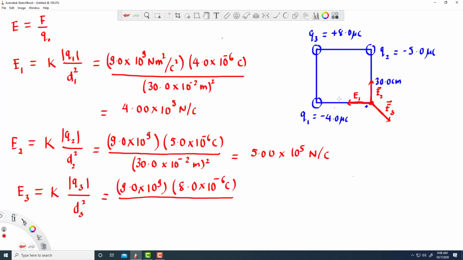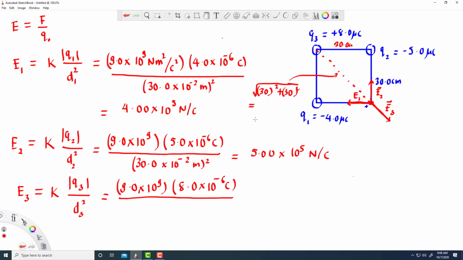And the distance, now we need to find this distance. We know this distance, this is 30 centimeters, and we know this distance. Using the Pythagoras theorem, we can find the distance. So 30 squared plus 30 squared and square root of that.